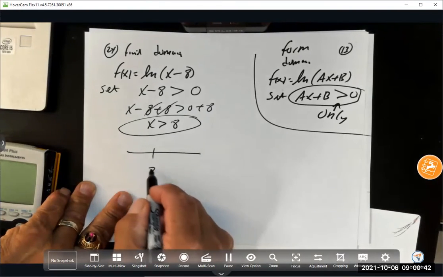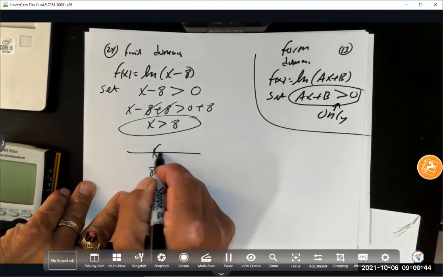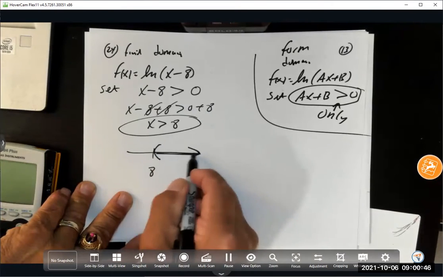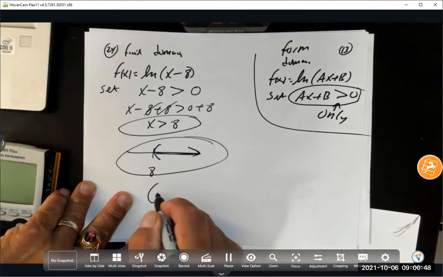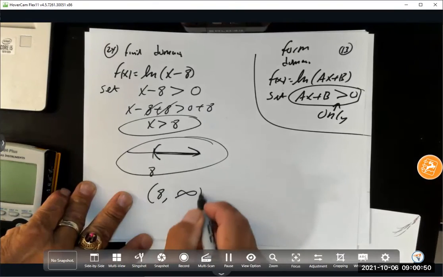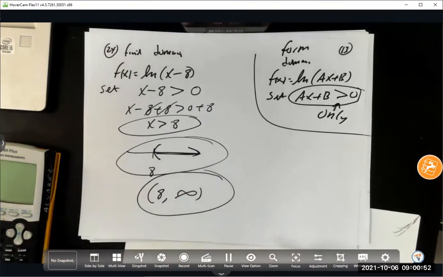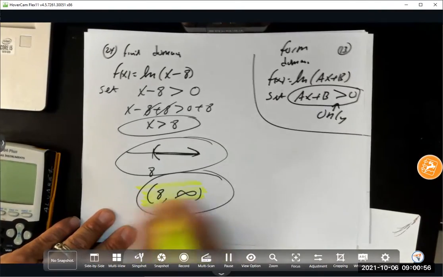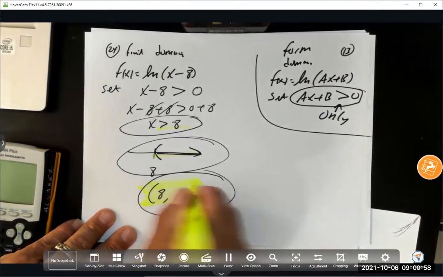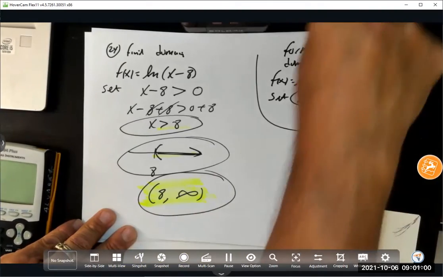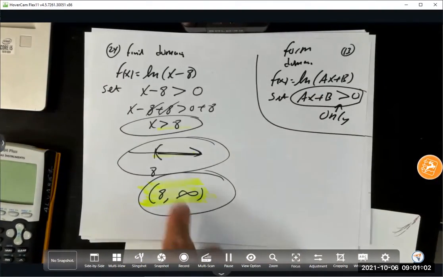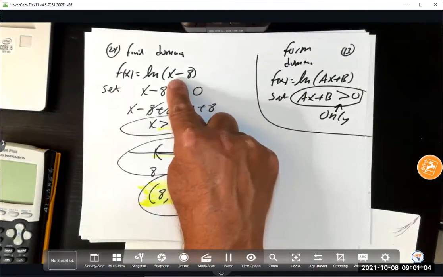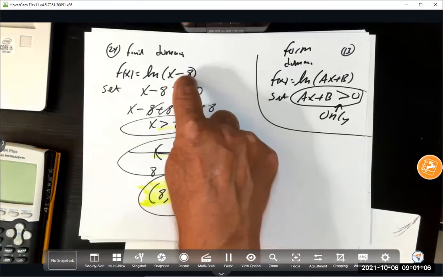Or you might write it with parentheses, with the little curved line, because you're not including the 8, or 8 to infinity. So it's one of these three answers, and I think this is the one they want in interval notation. As long as the numbers are 8 or more than 8, it works.